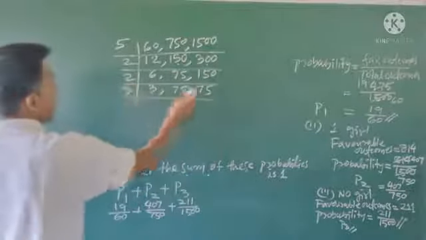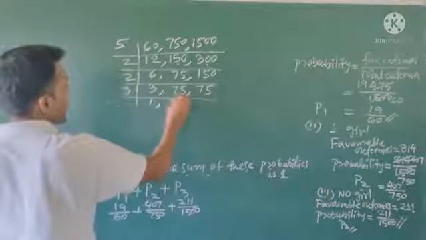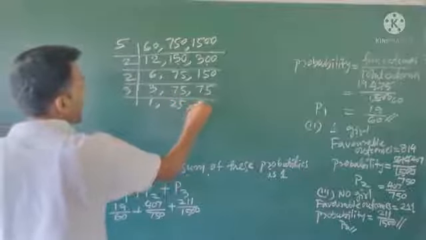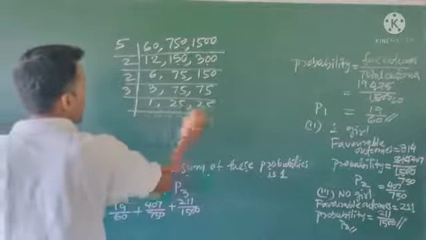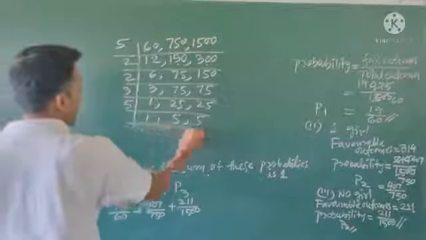Now all are odd numbers, so you divide by the odd number 3. 3 1 is 3, 3 2 is 6, 3 5 same. Now you divide by 5. Again divide by 5.